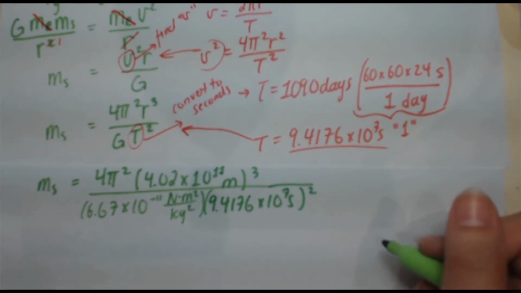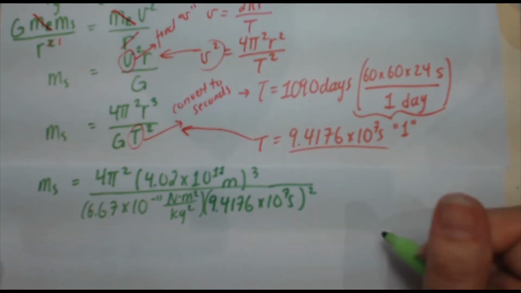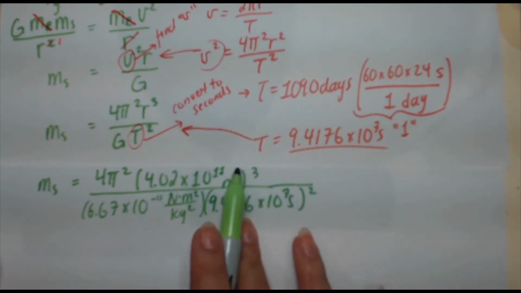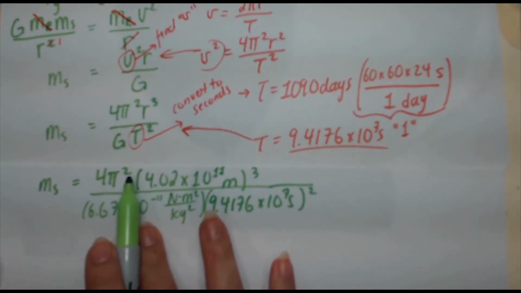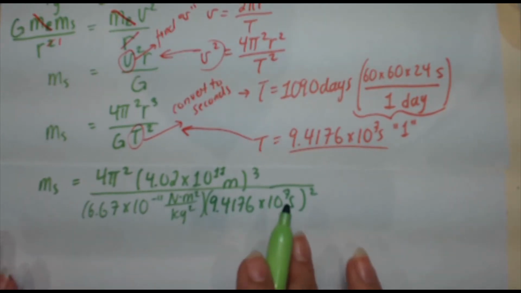The most difficult part is entering all this in your calculator without making a mistake. I would suggest cubing r first, then multiplying by 4 times pi squared, then dividing that number by the expression in brackets.